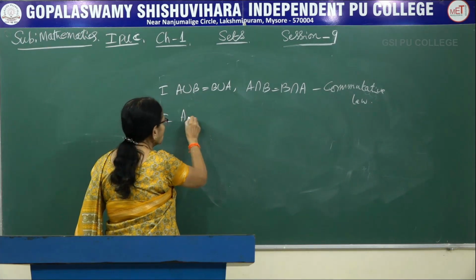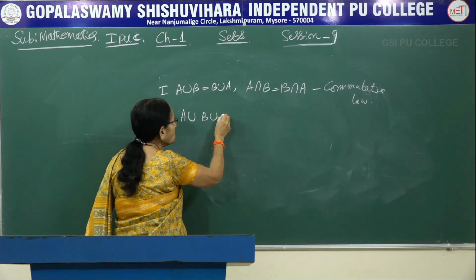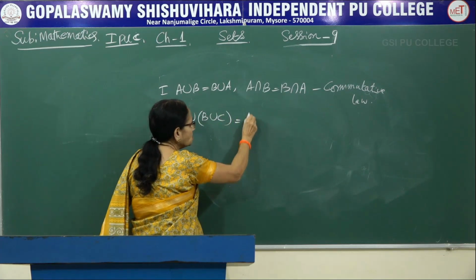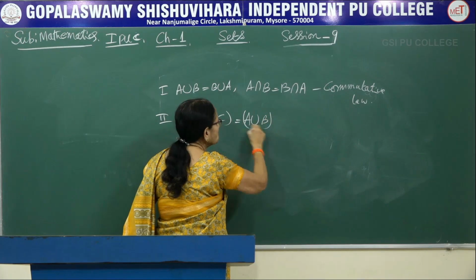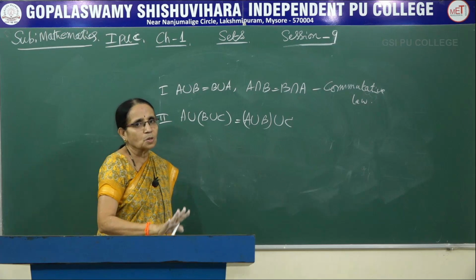The second one is, suppose there are three sets, A union B union C. Observe here, we have three sets on both sides.